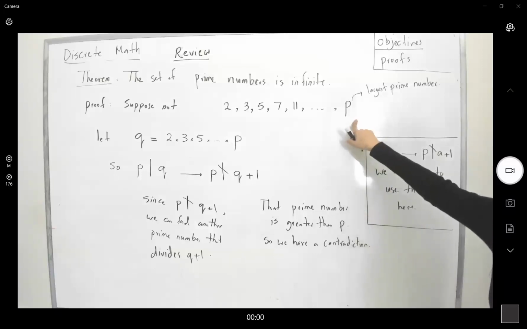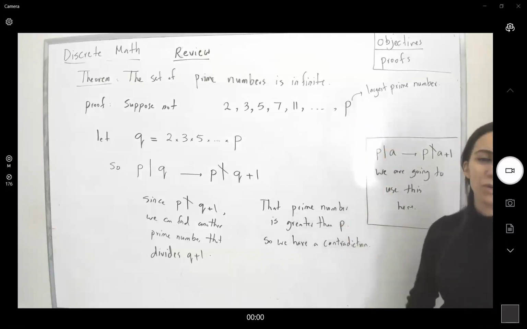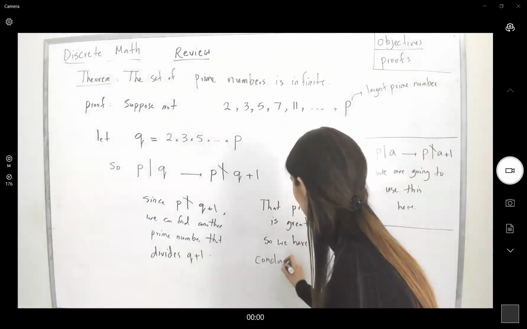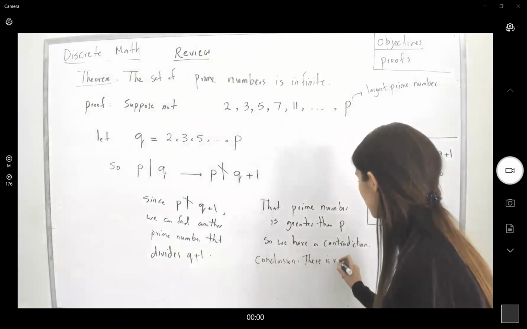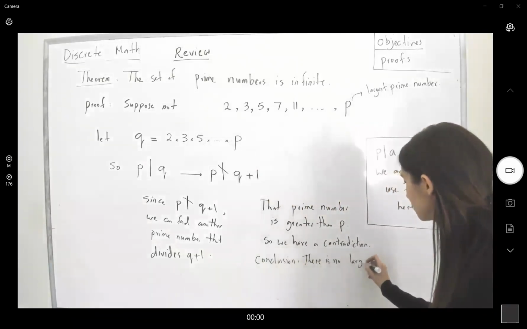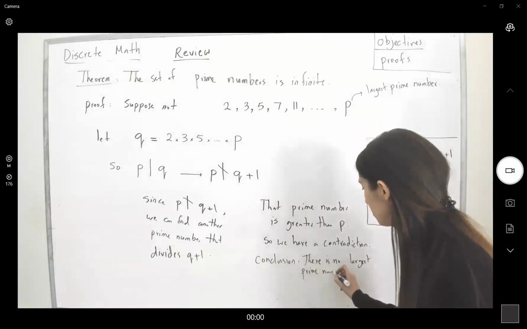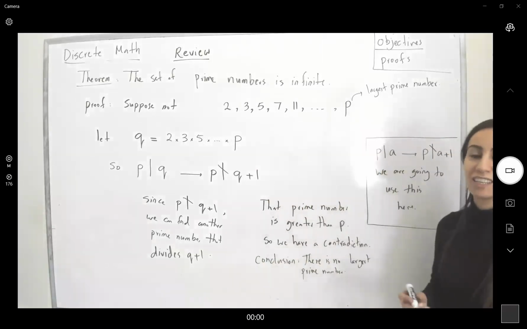It came from the assumption that P is the largest prime number. So conclusion is there is no largest prime number. It means that this set goes on and on infinitely.